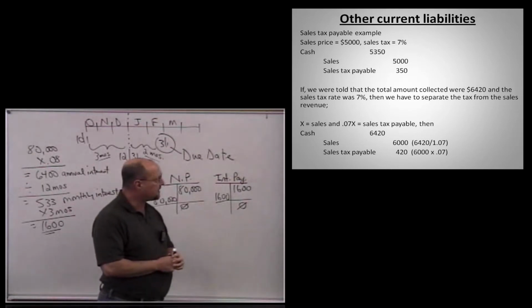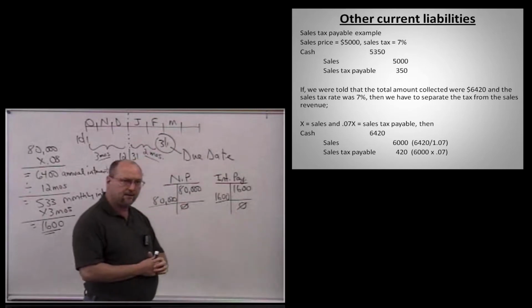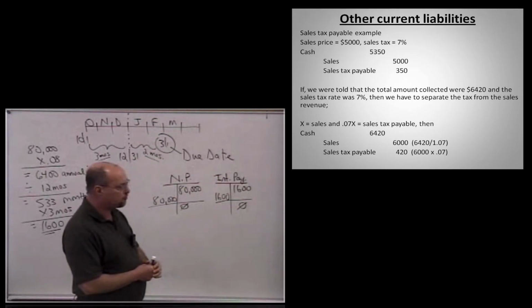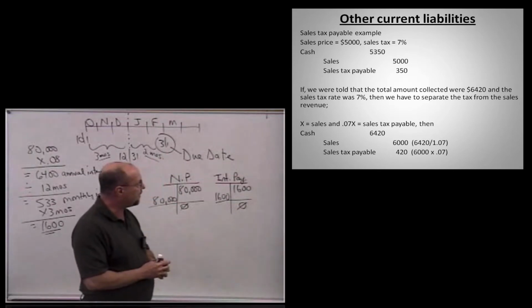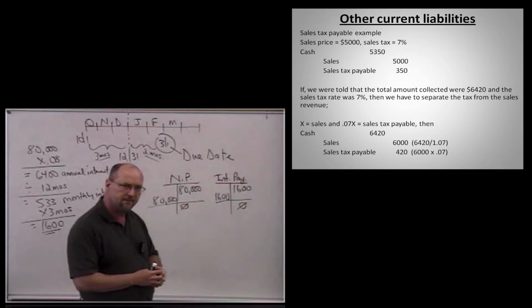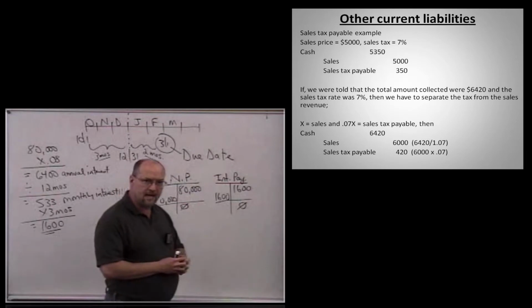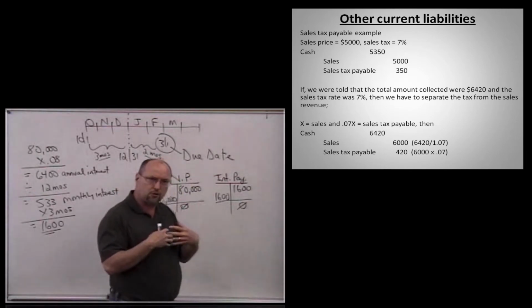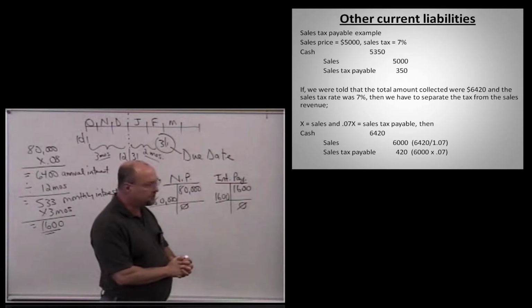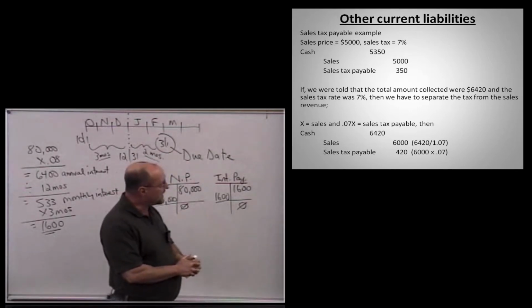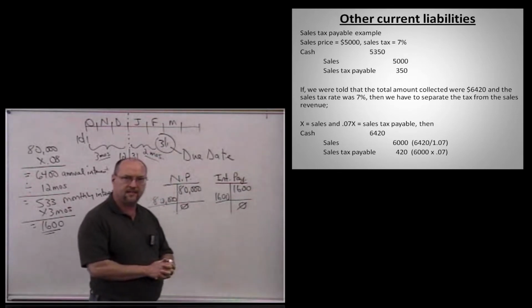If the sales tax rate is 7%, then the store is going to charge me or the customer a total of $5,350. So the store would debit cash, and if we were the store, this is our store, we would debit cash $5,350, credit sales revenue, or just sales, for $5,000, and credit sales tax payable for $350.